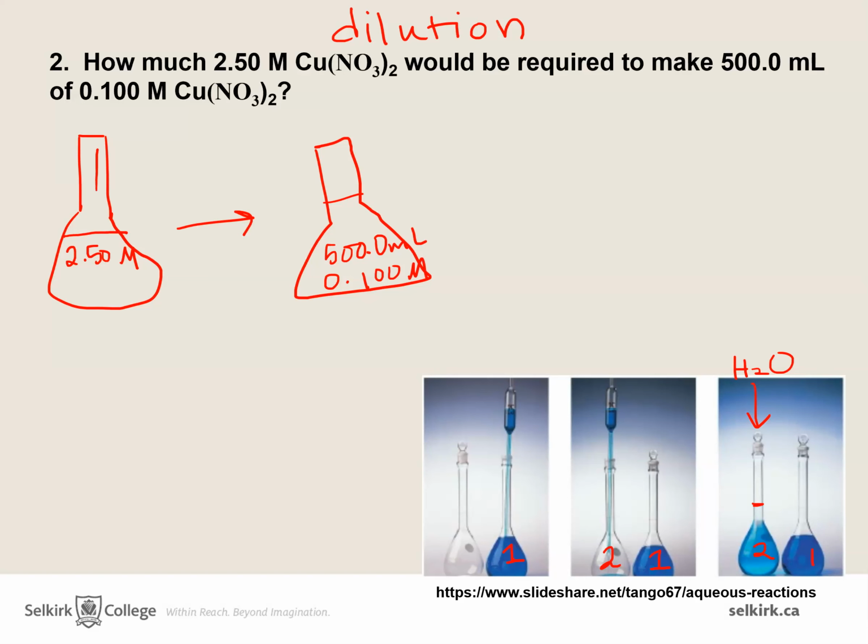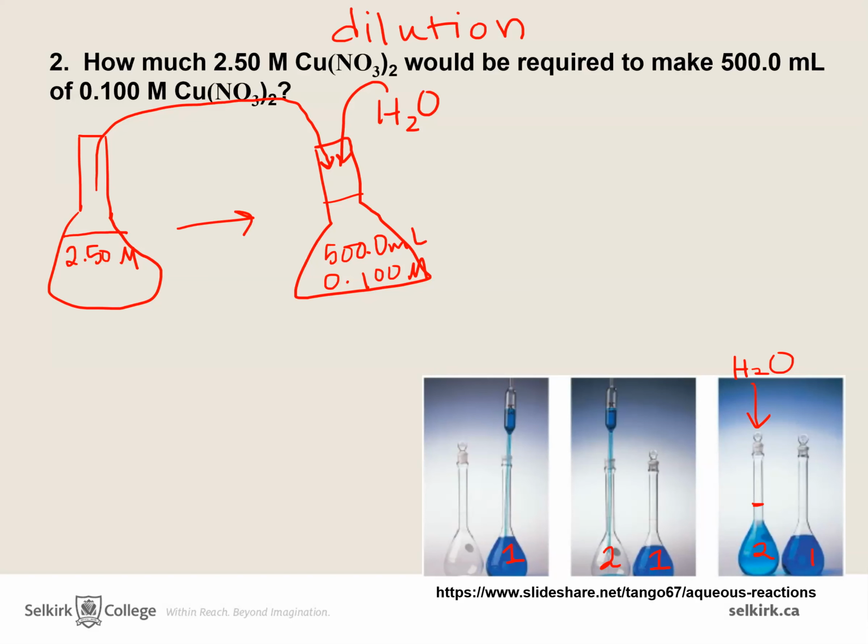I'm going to transfer some of this over there and add some water, and that's how I'm going to make my new solution. That's really handy. The two solutions have two different concentrations, but now I won't get confused which is which.